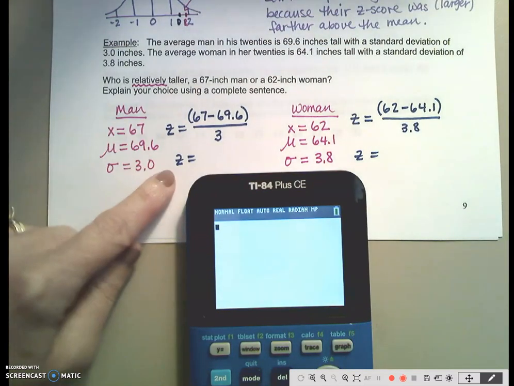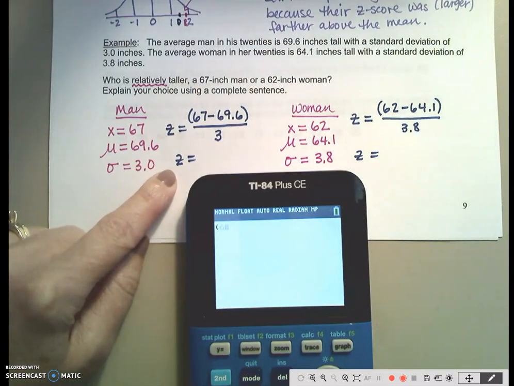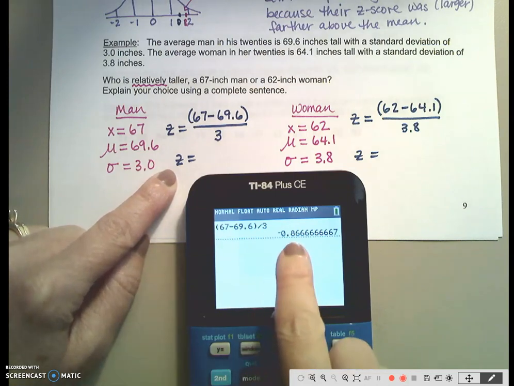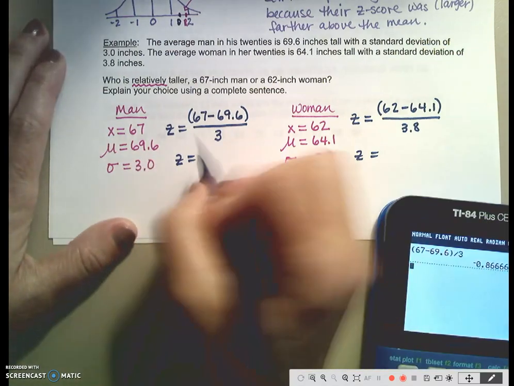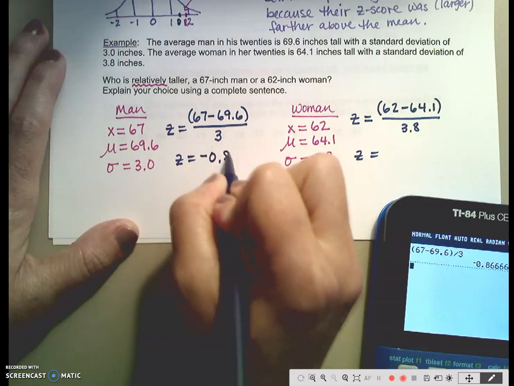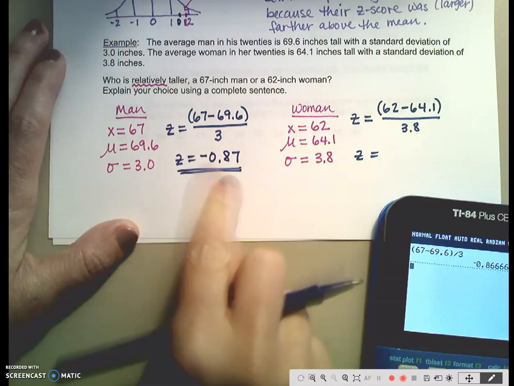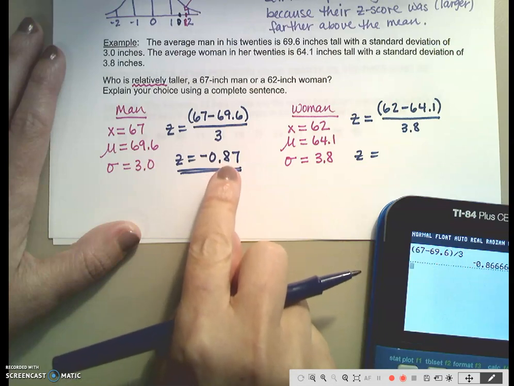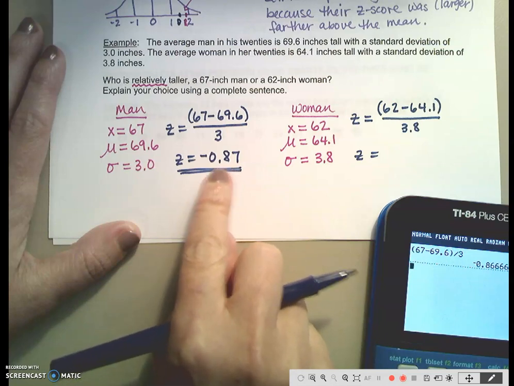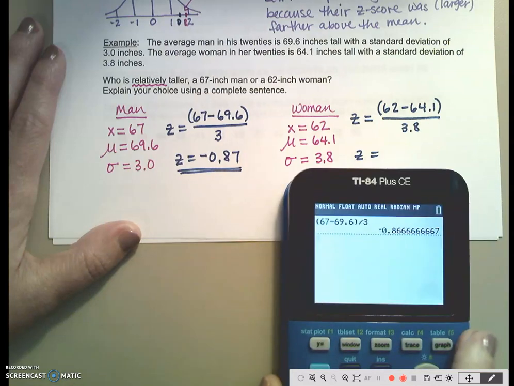Okay, so for the man, negative, like we said it was going to be negative. And if we go 2 decimals, we need to round that to 0.87. So negative 0.87. That means that he falls 0.87 standard deviations below the mean. That's where he would fall.